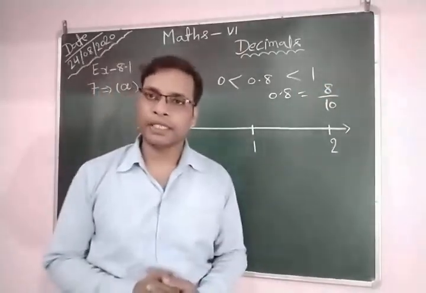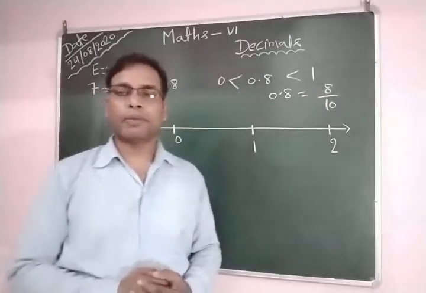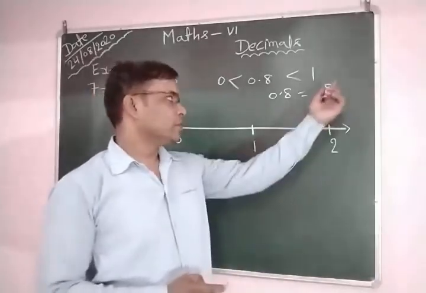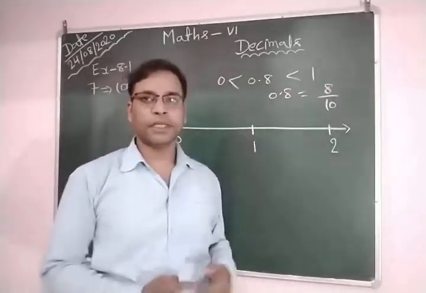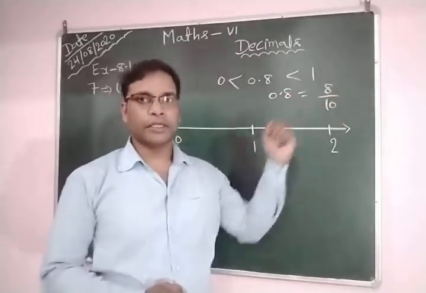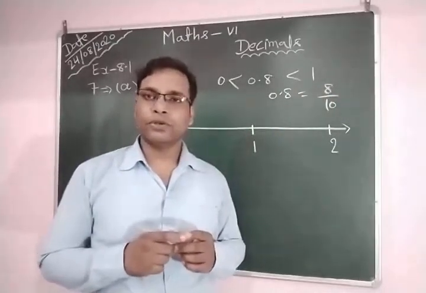Every proper fraction lies between 0 and 1. So you can see here, this is 8 by 10. Numerator is 8 and denominator is 10. So this fraction lies between 0 to 1.